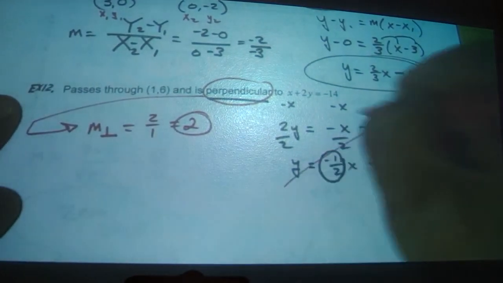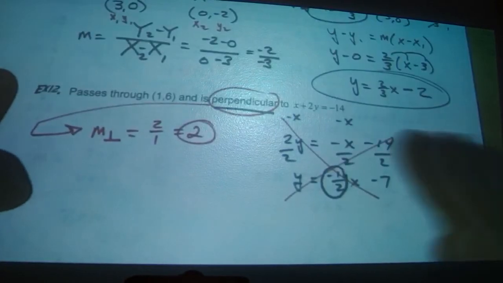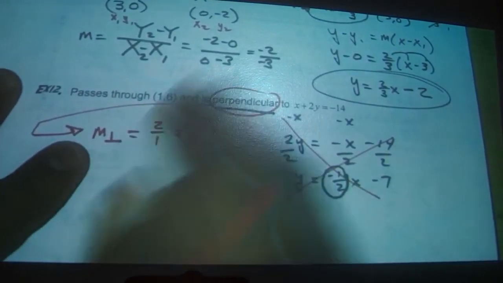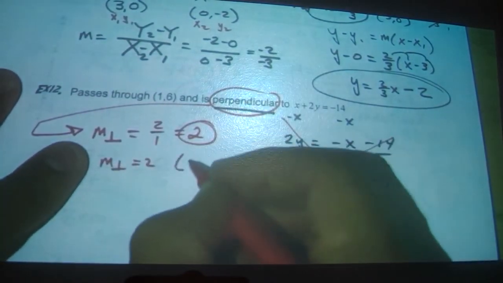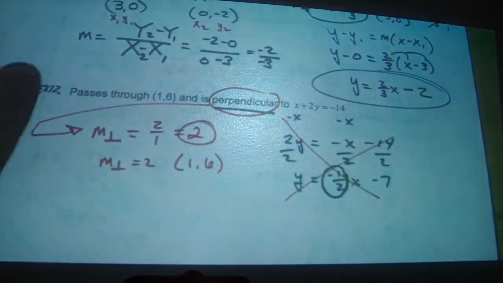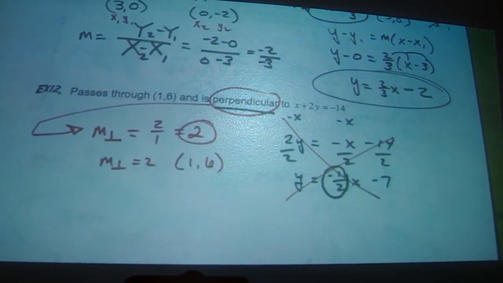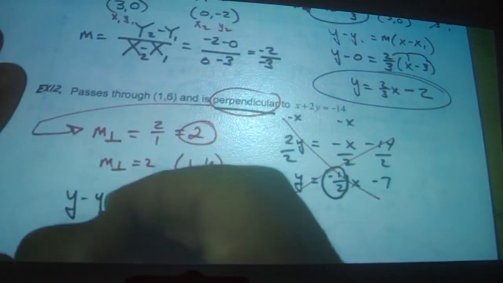Now, all that work I did over here, you don't need. We're done with that. We got what we want from it. And now we're ready to take the slope. So we have a slope of 2, and we have our point. And we do the same thing. If I have a point and a slope, I use point slope. Hence its name.